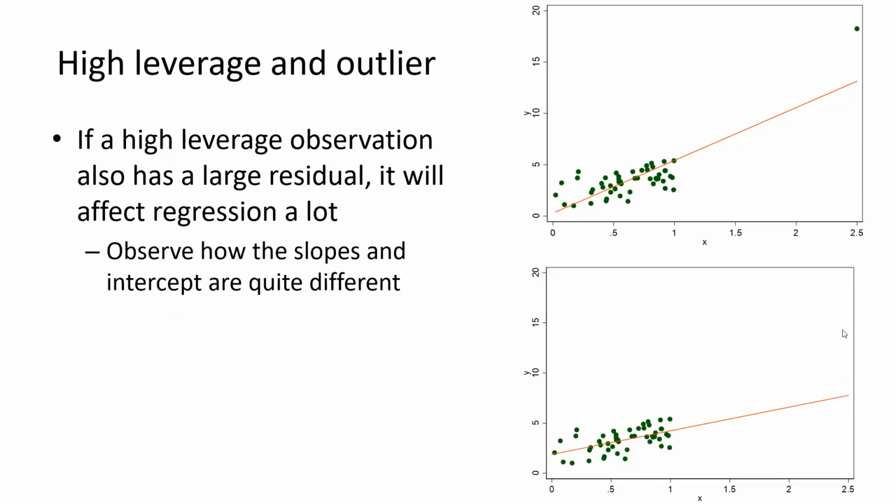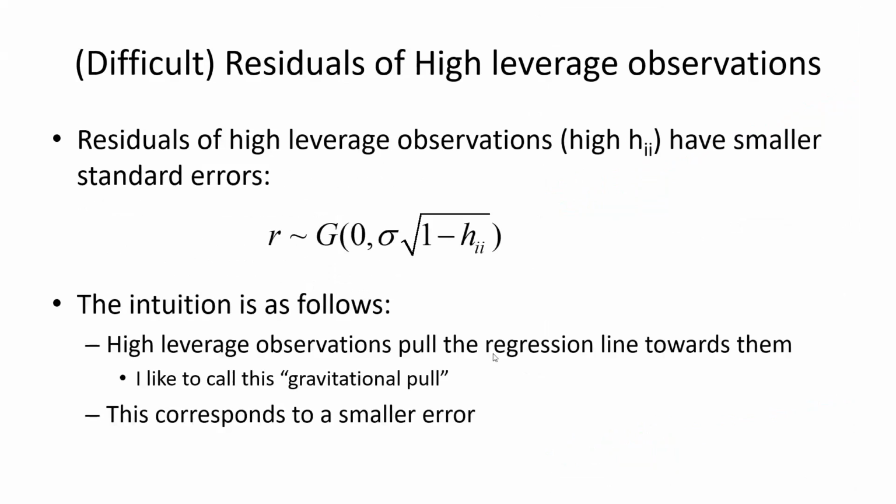So I call that gravitational pull. And this gravitational pull is consistent with the idea of being quite certain, meaning there being a small standard error for this particular observation. It's intuition, it's not a proof, but that might explain it. All right.